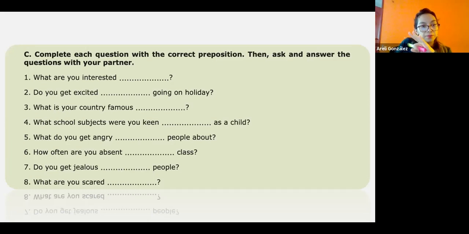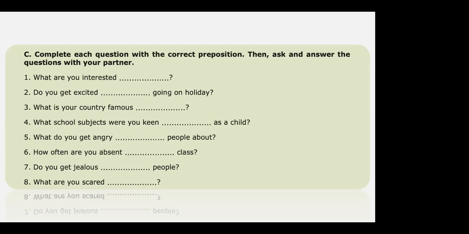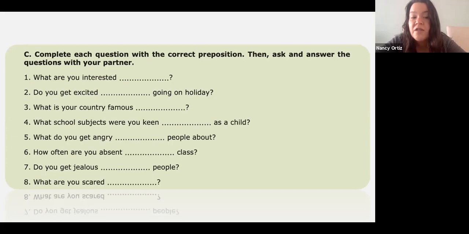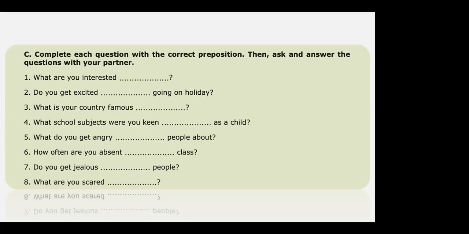Number three. What is your country famous for? My famous country, I think, is Paris. No, check the question. What is your country famous for? Okay. What is my country famous for? I'm sorry.